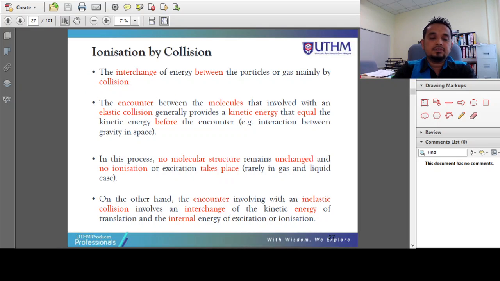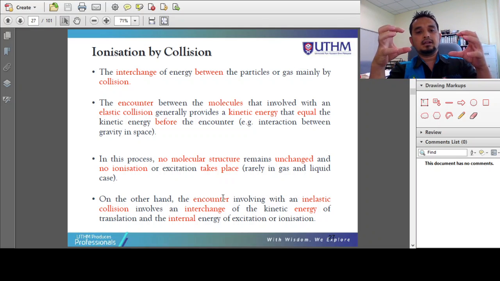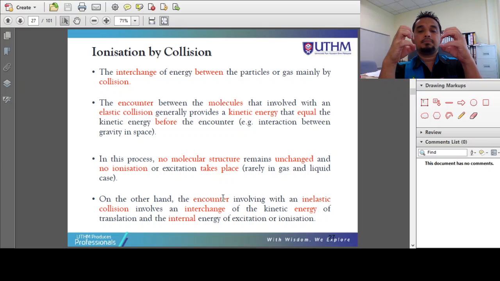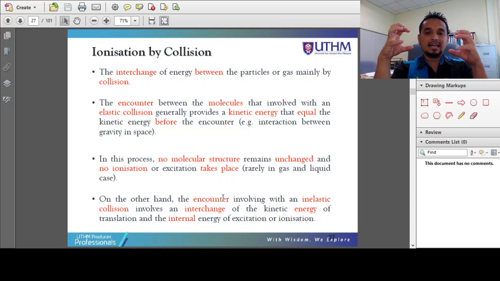Okay, ionization by collisions. You can read it by yourself, and to summarize, I will just explain with the simplest analogy. Say we have two balls, or two atoms or two molecules, that collide with each other, and the bouncing of these atoms will cause the kinetic energy from the collision to be transferred to the electron.